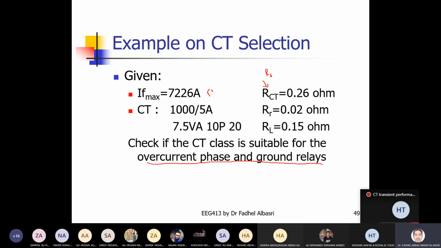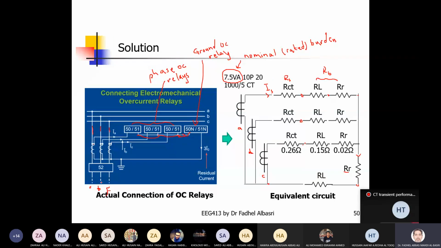For a three-phase short circuit here, you have maximum current at the secondary, so also maximum current here.